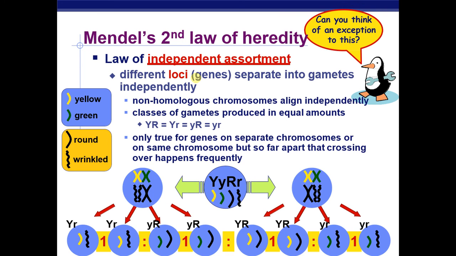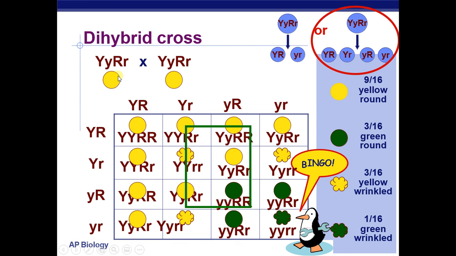All right, Mendel's second law is called the law of independent assortment, which says different loci or genes separate into gametes independently. What that means is that, and let's go back here, what allele the plant received for the color allele does not influence what allele you receive for the shape allele.